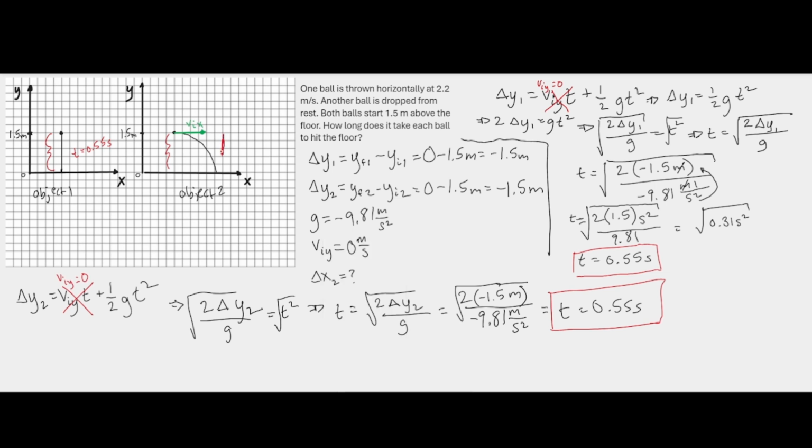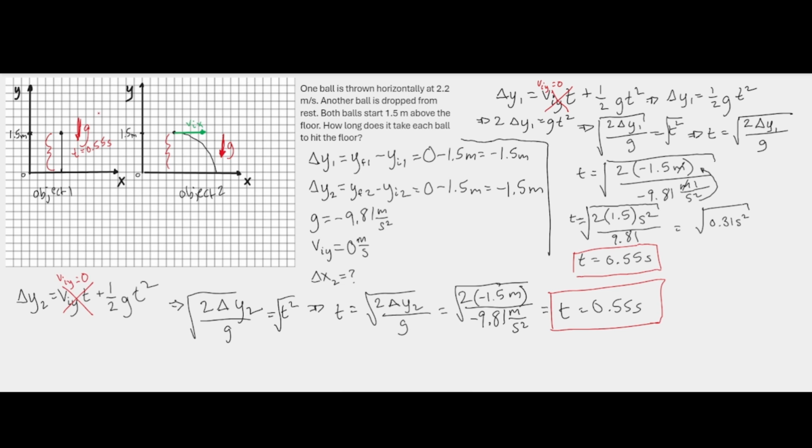It doesn't affect the horizontal motion. So the only thing that determines how long the object stays in the air is its height and the acceleration due to gravity. Its height is the same. They both started at 1.5 meters, and gravity is the same pointing up and down in either problem. So we can neglect the horizontal velocity.